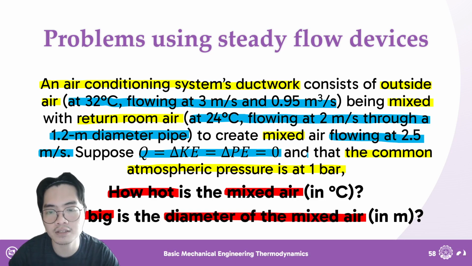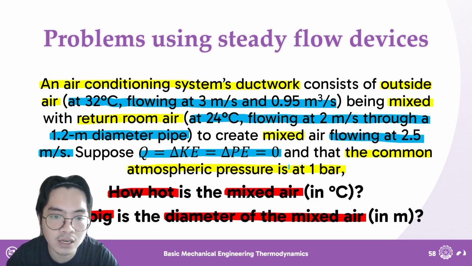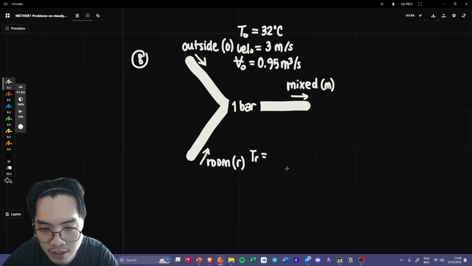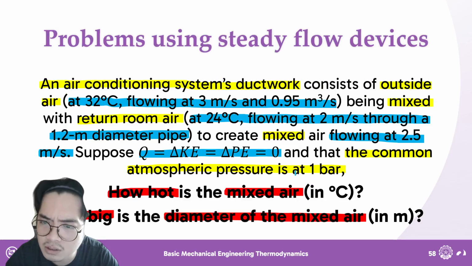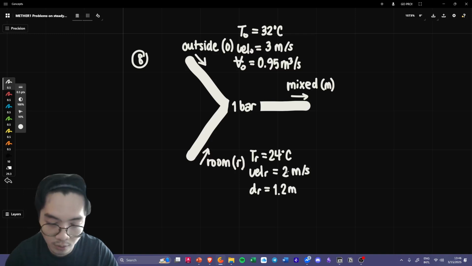Your return room air is at 24 degrees, flowing at velocity V_R, which is 2 meters per second, and its diameter here is going to be 1.2 meters. So it's quite wide.